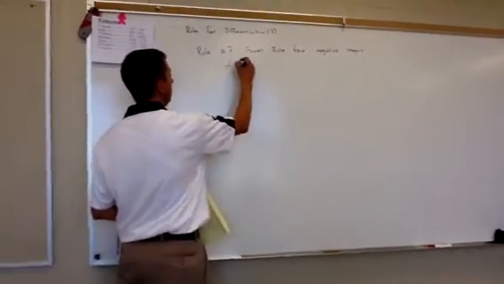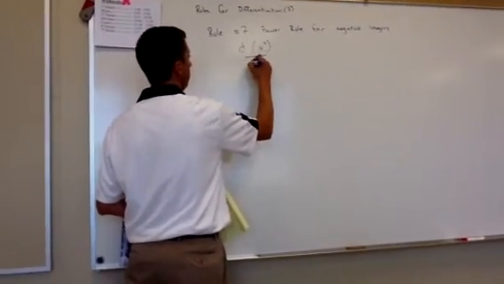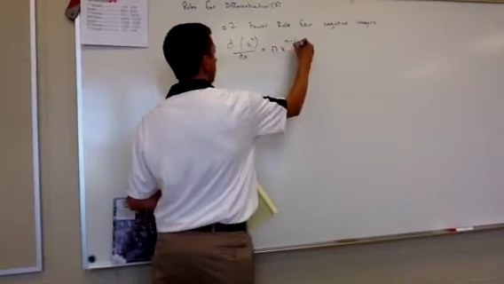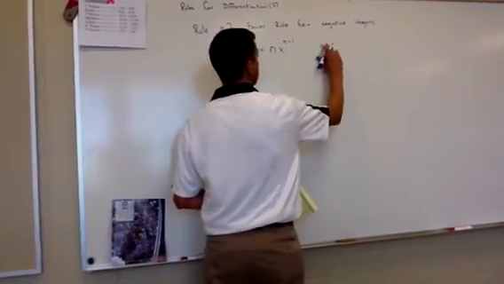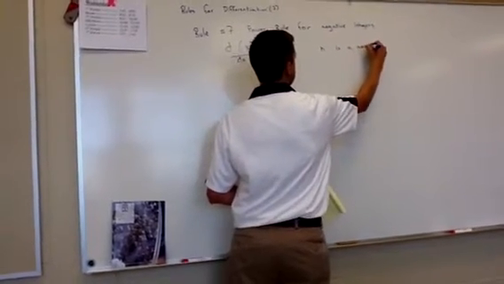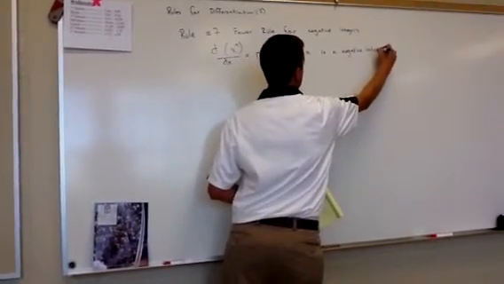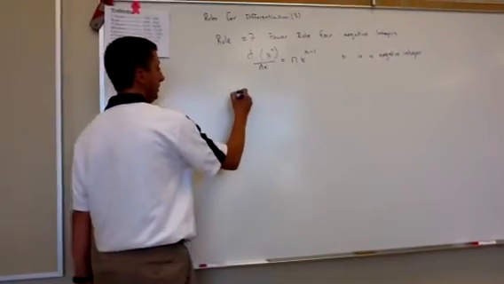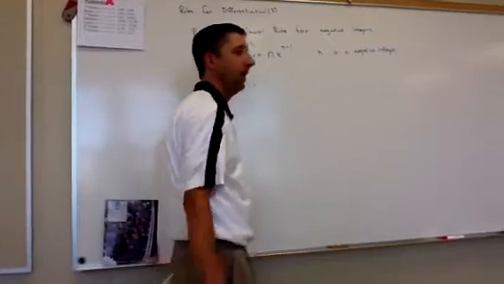If I take the derivative of x to the n with respect to x, that's going to be n times x to the n minus 1, even if n is negative. What that looks like is, here's my function, f of x equals 1 over x.